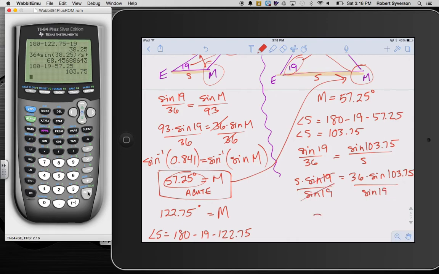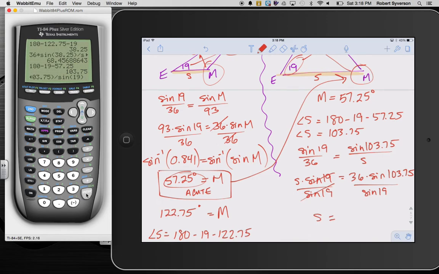Boom, boom. S is equal to, oh man, we're almost home free. Here we come, Mom. Hope dinner's still warm. Sine of 103.75 divided by the sine of 19.